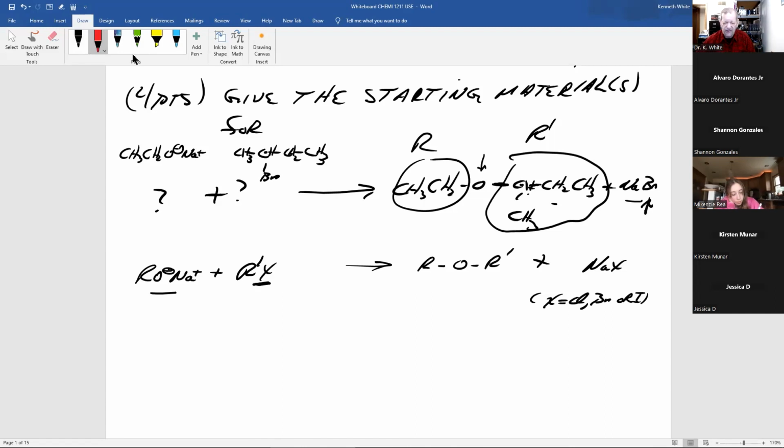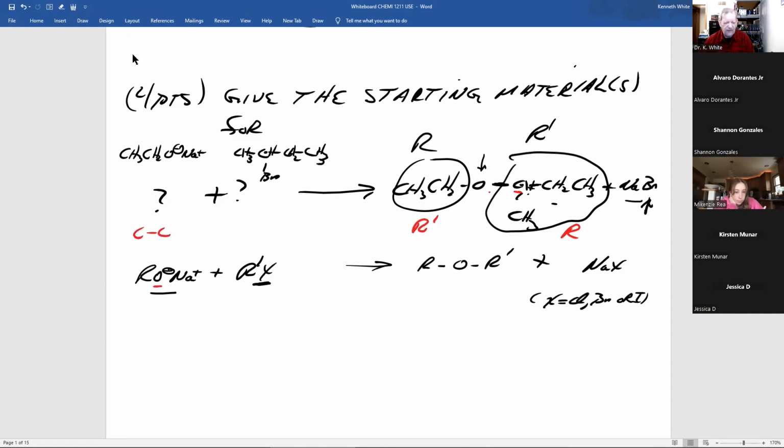I could just as easily call this R prime and this R. If that's the case, the carbon with the oxygen is the carbon in R with the O minus there. So I have 4 carbons. Which carbon has the oxygen? This one will be O minus and Na plus. I always circle a negative charge, never a plus charge. Well, good habits, I don't change.